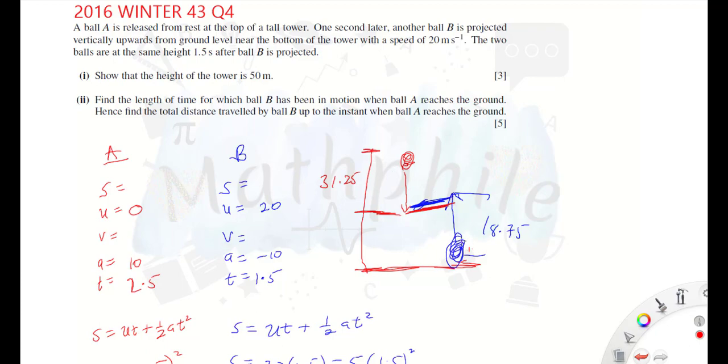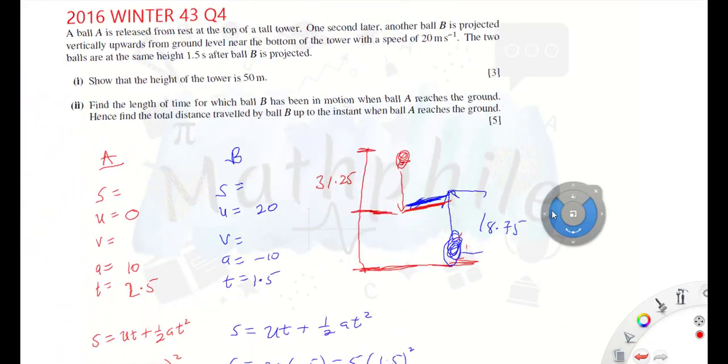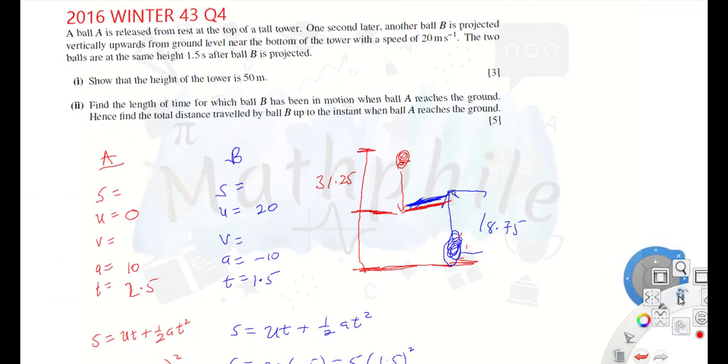We're told to find the time it took for A to get to the ground. So first, find the total time taken. That is very good, we found the total time taken already. Let me go back to this.